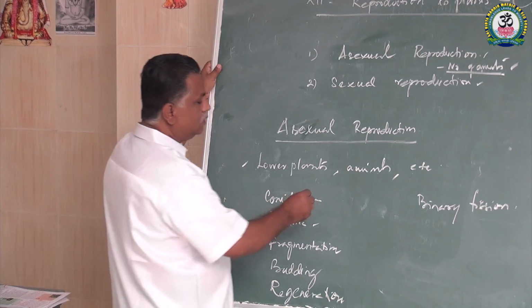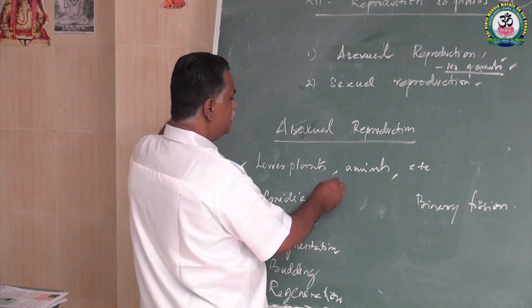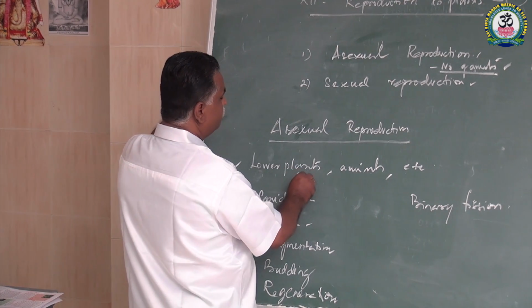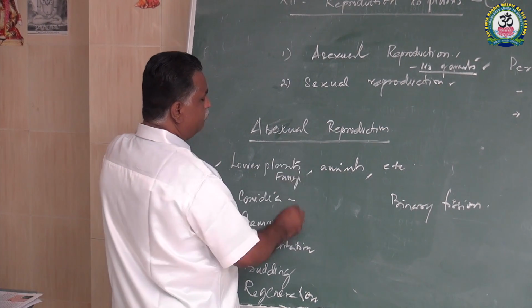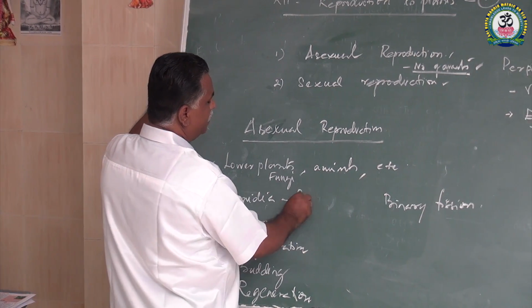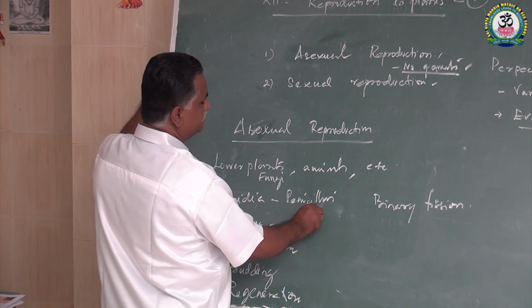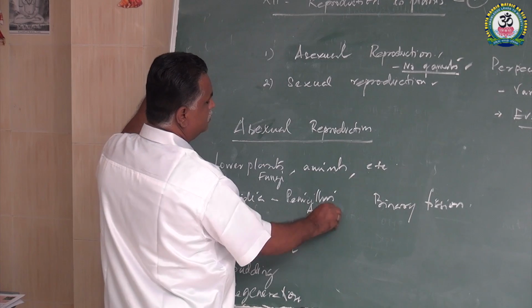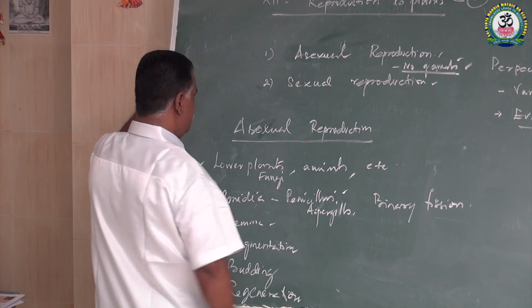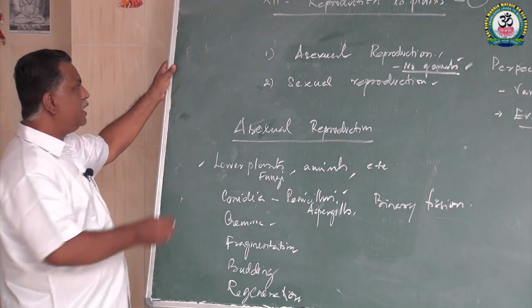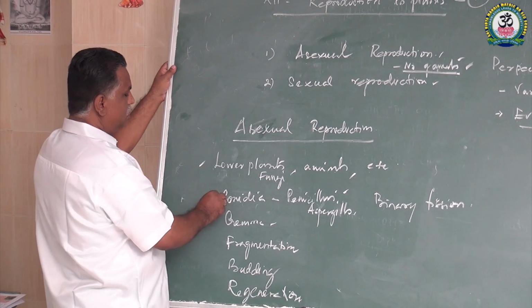asexually. Conidia. See, conidia are produced mostly in lower plants and fungi. Fungi also come under this. In fungi like Penicillium and Aspergillus, they produce conidia, a special structure through which they reproduce.